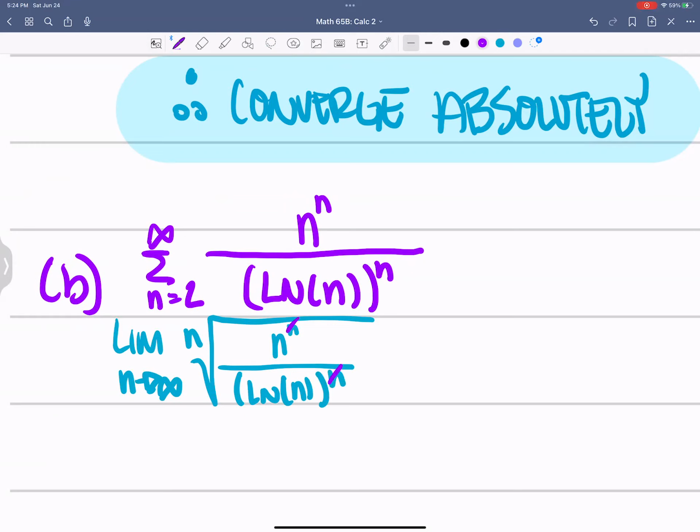So nth root all the way through. And we have the limit as n approaches infinity of n over ln of n.